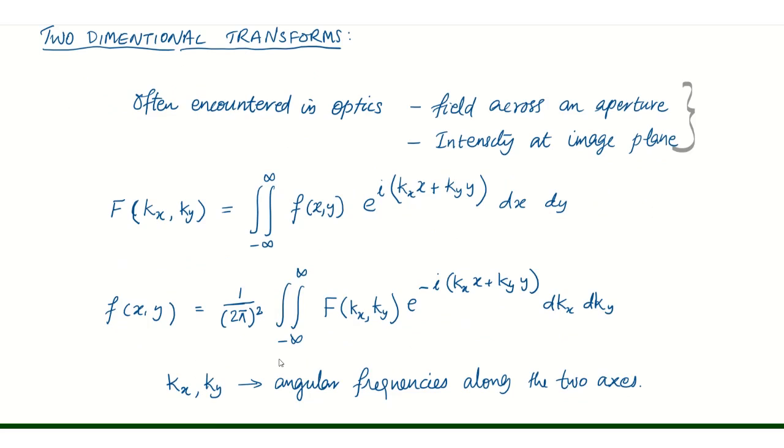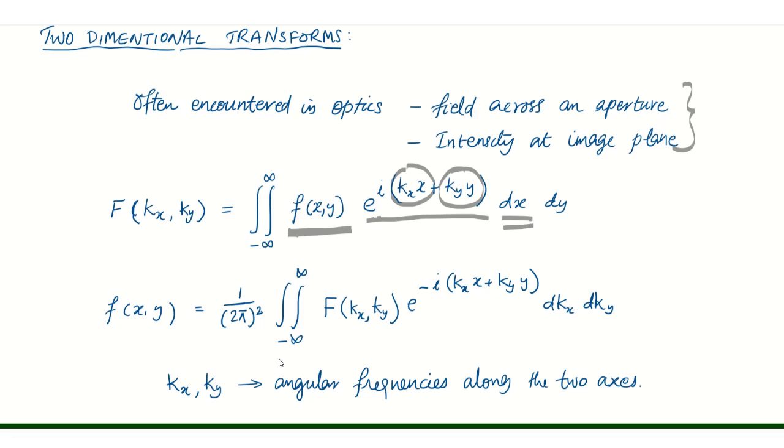Now here we have a function f of x, y, and that is Fourier transformed through this. Instead of a single-dimensional function, where you would have had only this one, since it's a function of x and y, you have e to the power i kx x multiplied by e to the power i ky y.